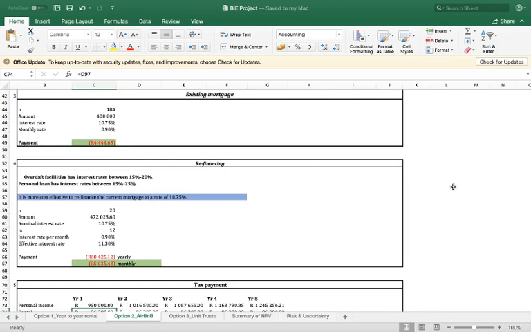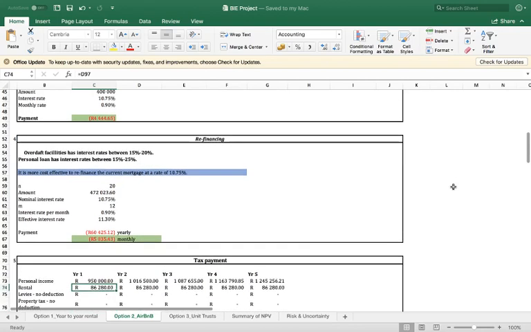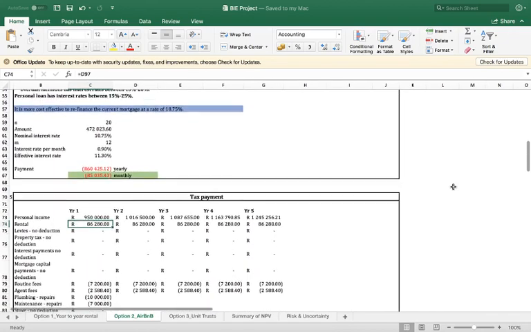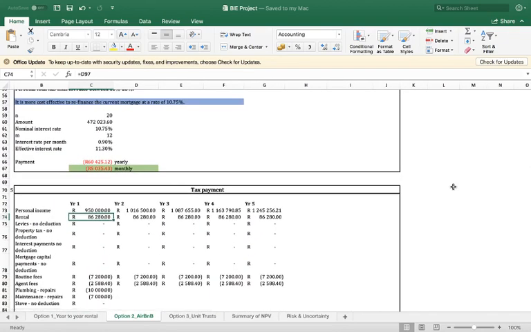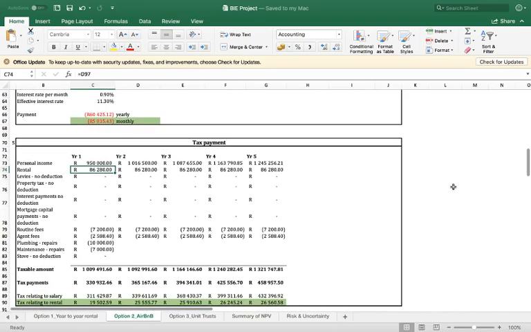This includes furnishing the apartment and all of the other necessary expenses, like plumbing, maintenance, and replacing the stove. With some research, it was found that the expected income from using the Airbnb service could be a total of around 86,000 Rand per year.